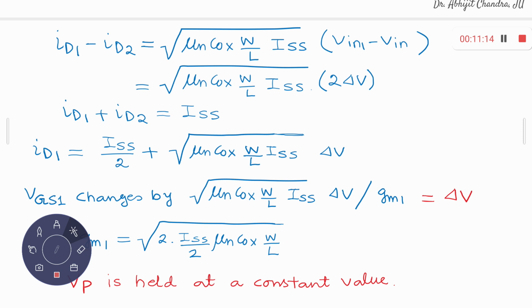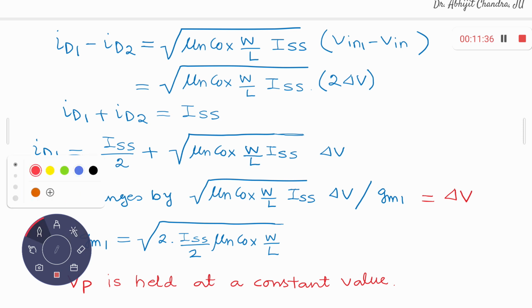So ID1 is equal to ISS upon 2 plus this entire thing, and ID2 is nothing but ISS by 2 minus this entire thing. The DC value is ISS by 2, because both of them share equal current, and I am assuming that both halves of this differential pair are symmetric.